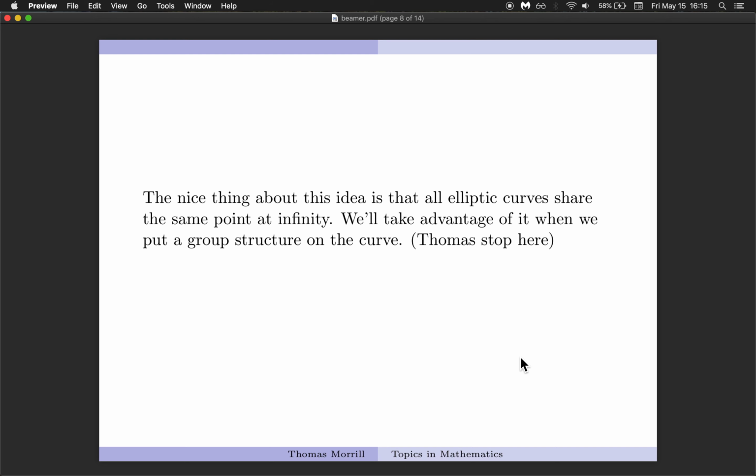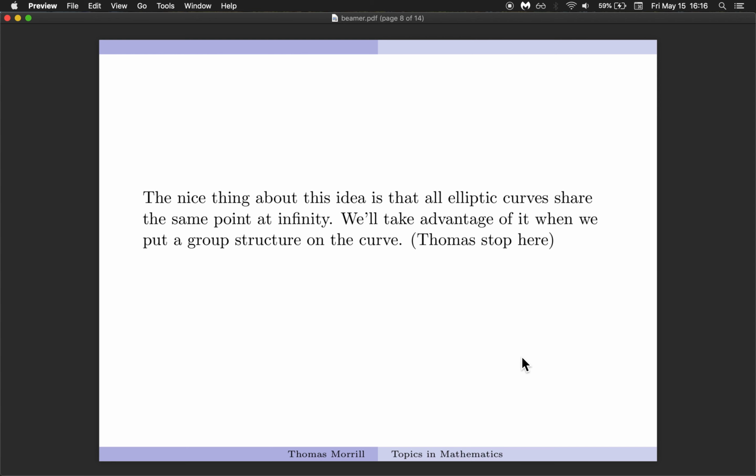For right now, it's going to be nice that any elliptic curves share the same point at infinity. No matter what formula that we've got, y squared equals x cubed plus ax plus b, that elliptic curve will end up meeting the point at infinity that belongs to vertical lines. And it does not matter what formula we have.